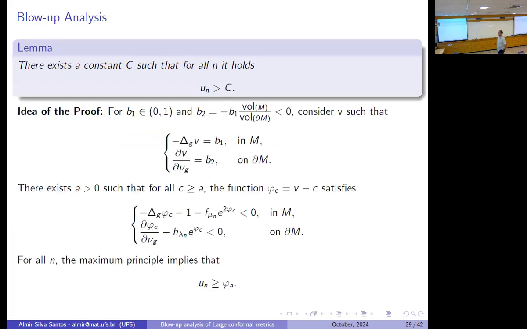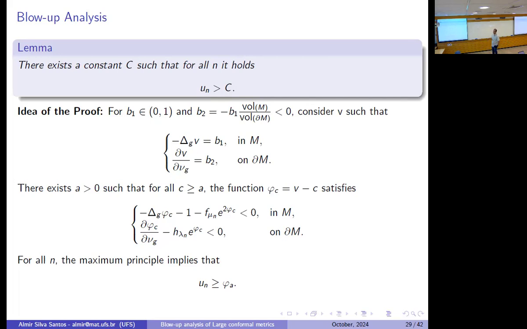You consider the solution of this problem, this family of solutions, and what you get is that for some positive a, we have this condition for this function phi c, and then you can apply the maximum principle to obtain that for all n you have this estimate.